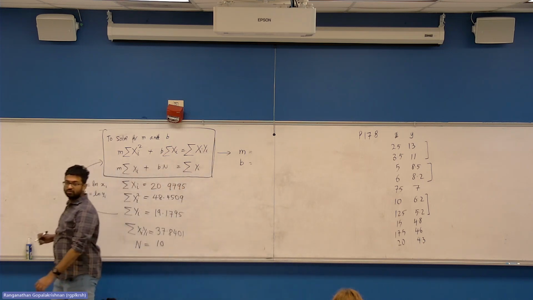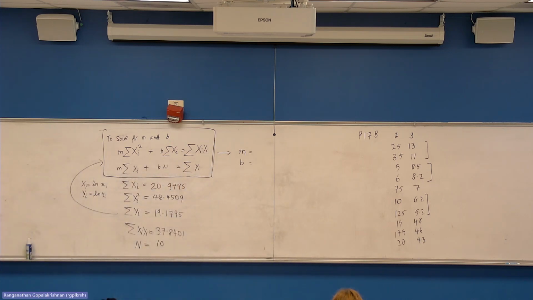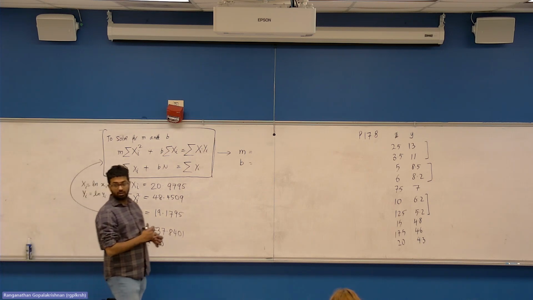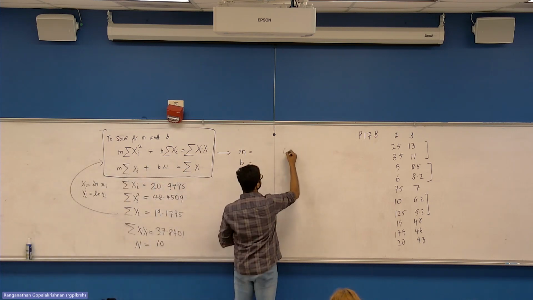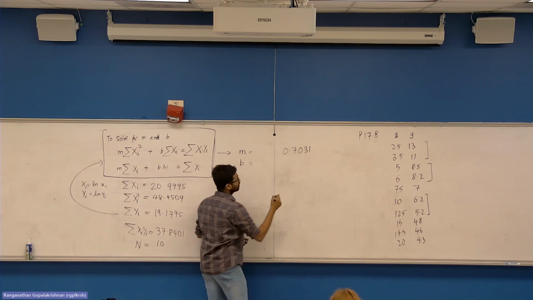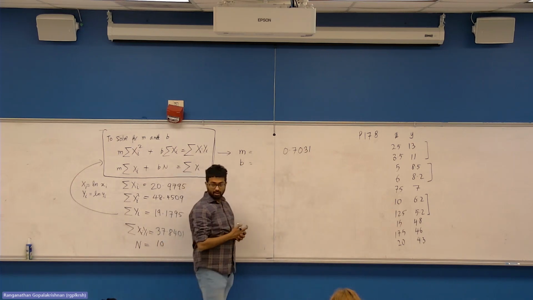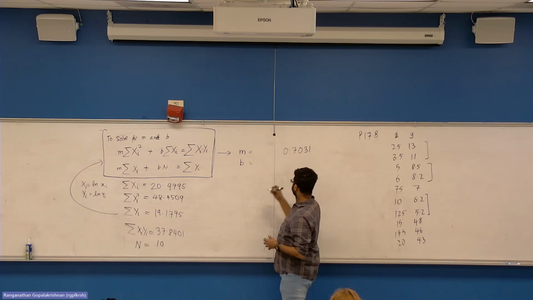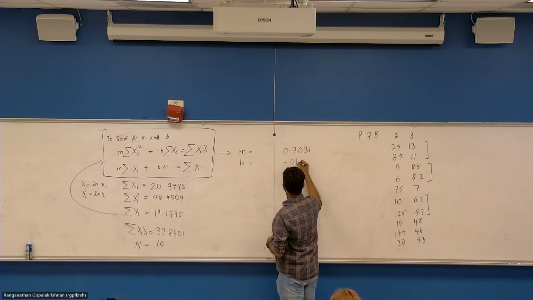Do you have a value? Yes. Tell me. For M, I know 0.7031. Okay, and for B, negative 0.1818.